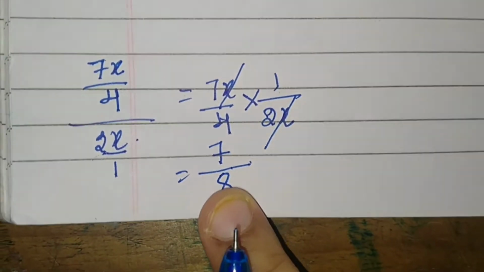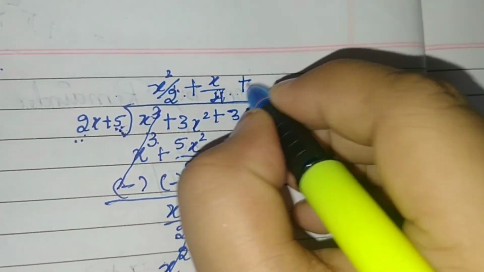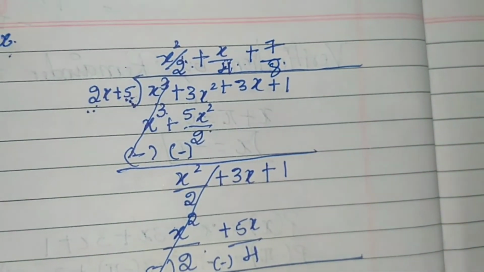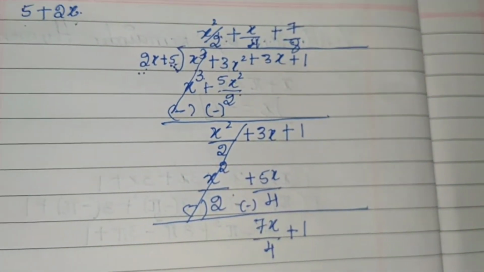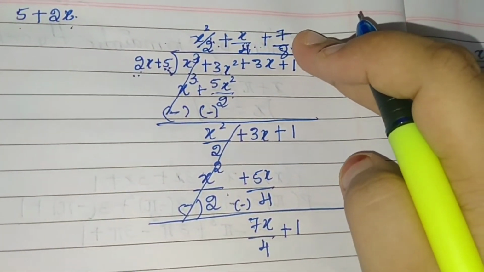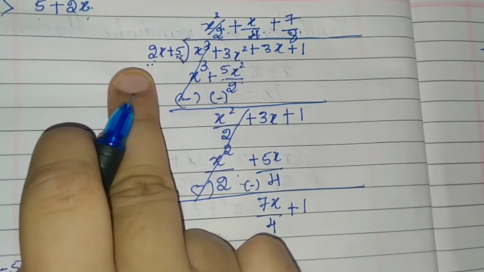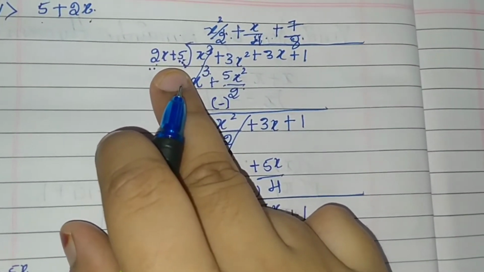Okay, so now this is your third term of the quotient. 7 divided by 8. Okay. So now what you have to do here? 7 divided by 8 is your third term of the quotient, right? So this you have to multiply by the first term of the divisor, and this you have to multiply by the second term of the divisor.